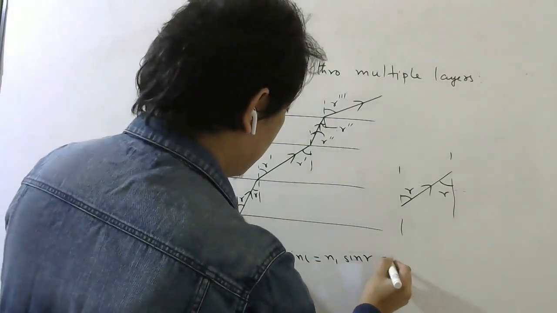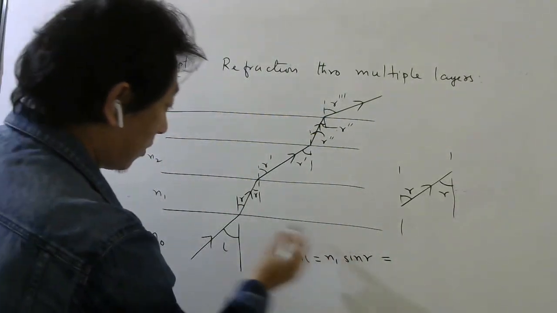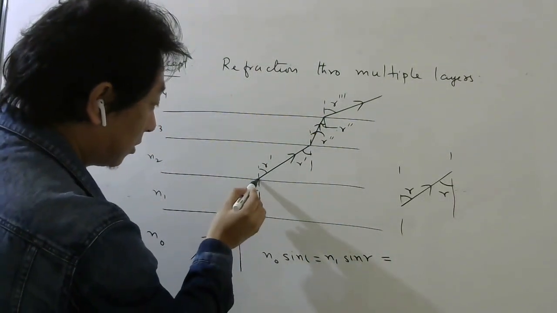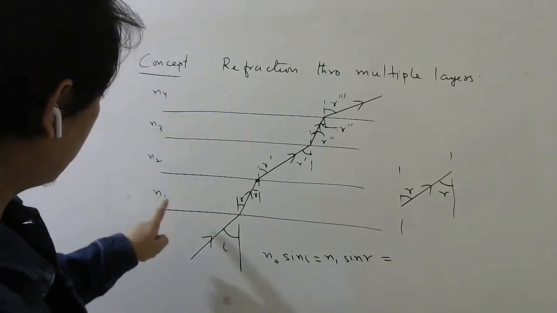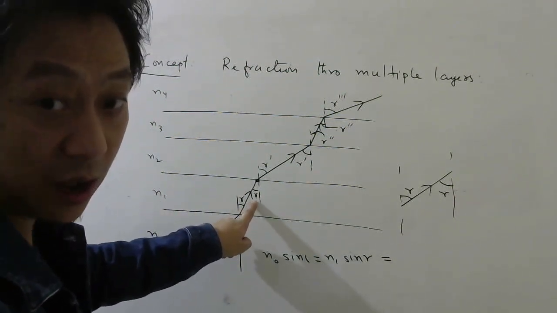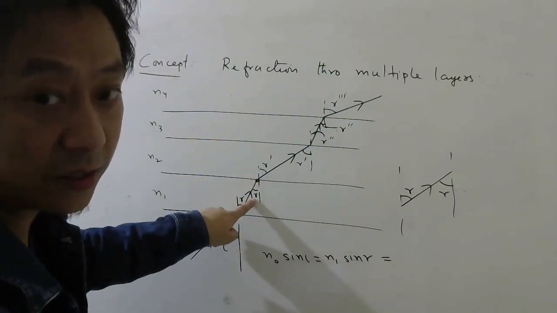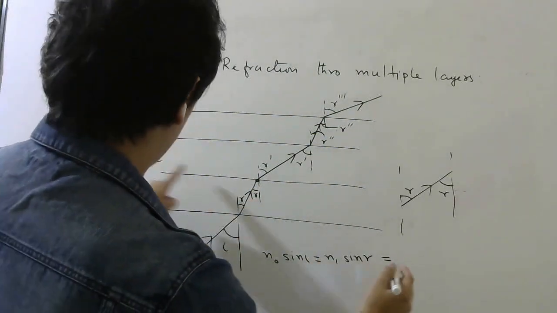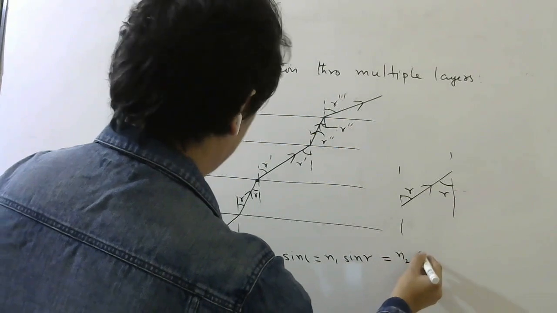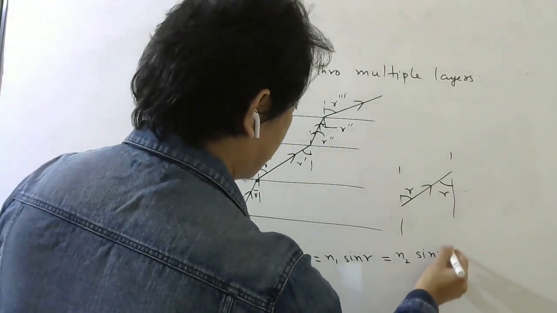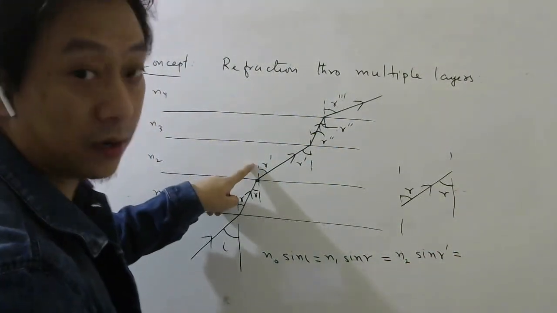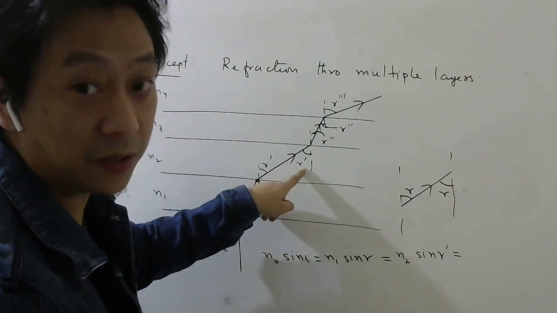Now, look here. When you apply Snell's law here, this one will be n1 sin r, because your r is i now. For this refraction, this is your angle of incidence. So this quantity can also be written as n2 sin r dash. That r dash will be the angle of incidence here.